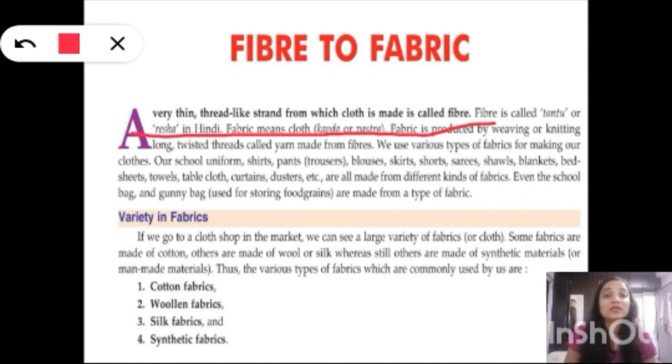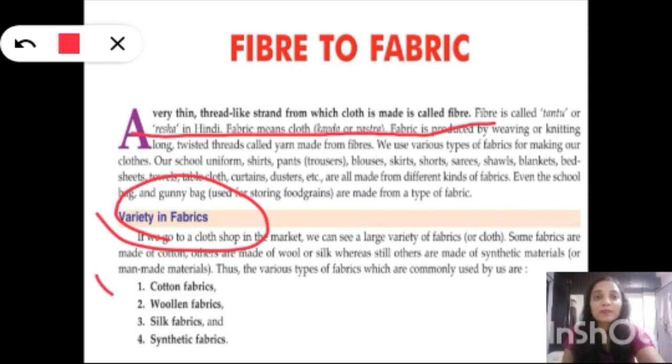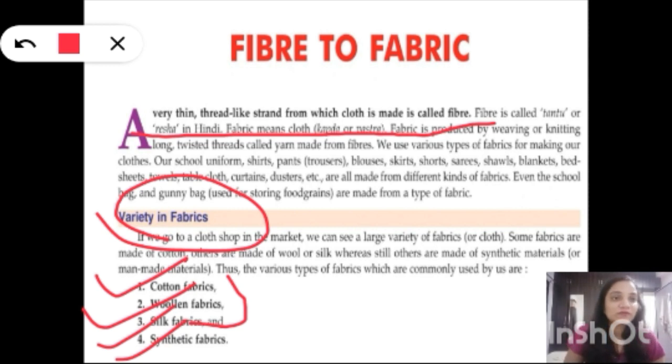The varieties of fabric are four: the first is cotton, second is woolen, third is silk, and fourth is synthetic. These three are natural fibers, and the last one is synthetic fiber, which means it is made by human beings in the laboratory.